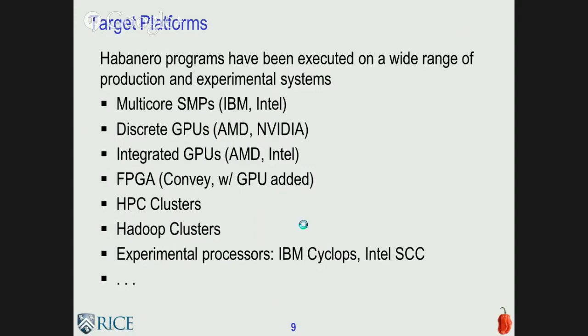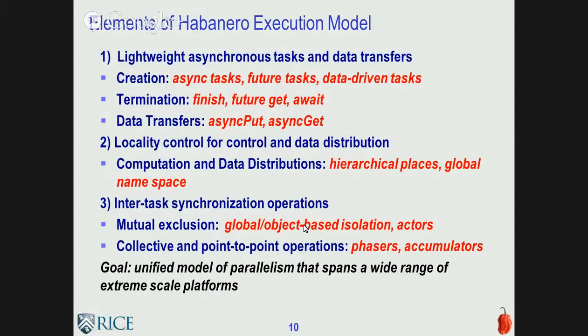Okay, so what are the elements? And this has been gained over experience at the highest level, and this is really our goal, to come up with this unified model that can map onto this wide range of extreme scale platforms, not only what I showed you earlier, but what we expect in the future. So we believe that asynchrony is key, and that's something that Charm++ I know believes in also.